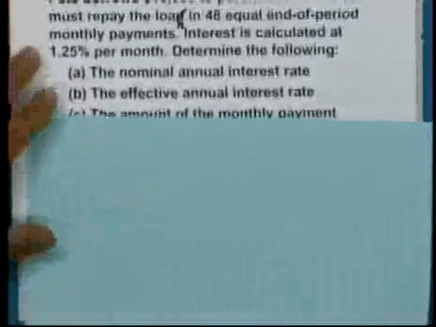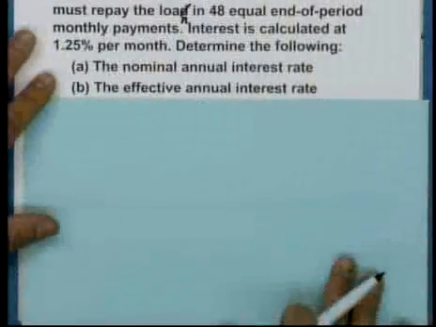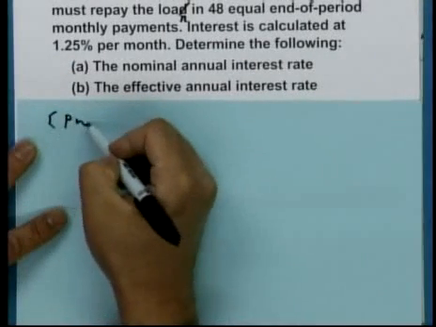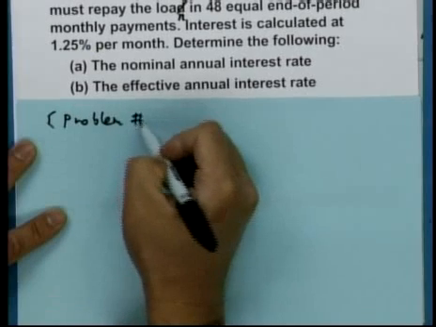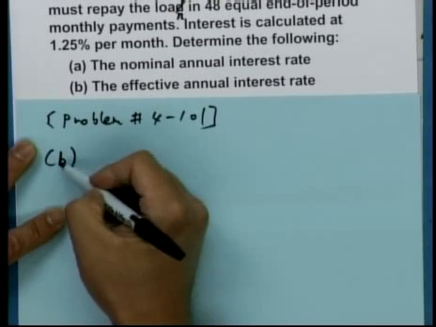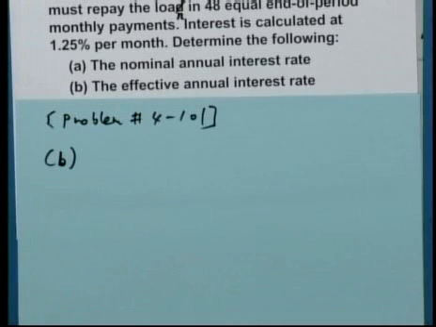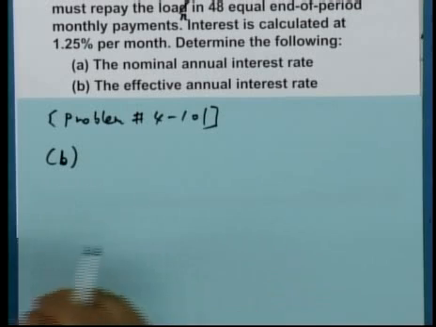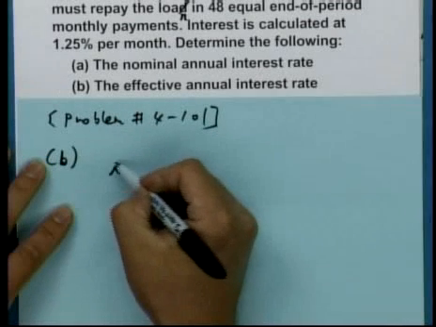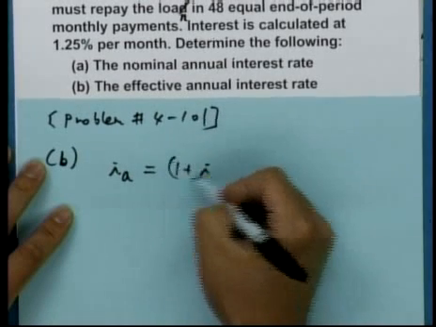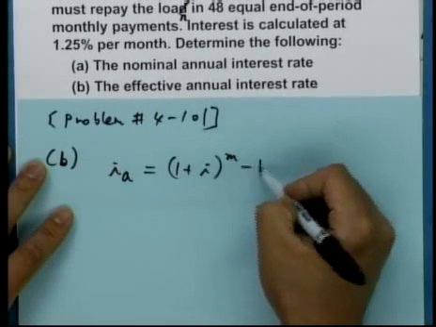What about part B, the effective annual interest rate? We also learned the effective interest rate can be obtained by this formula: I sub a equals 1 plus I to the power m minus 1.